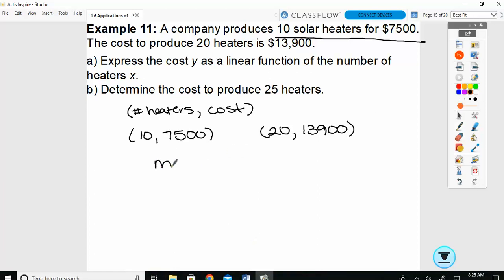So we need our slope, y sub 2 minus y sub 1 over x sub 2 minus x sub 1.